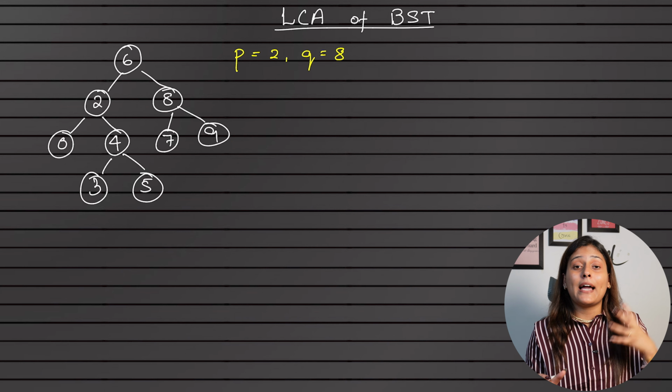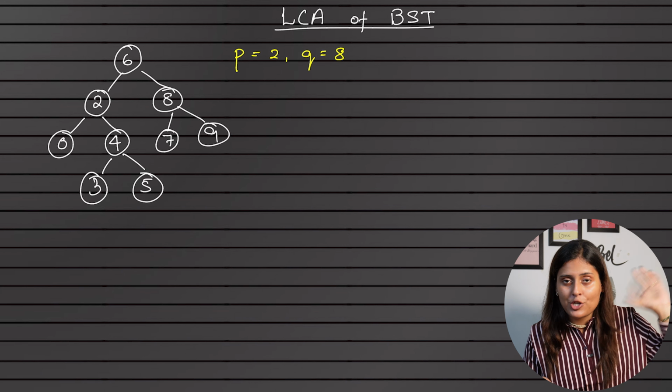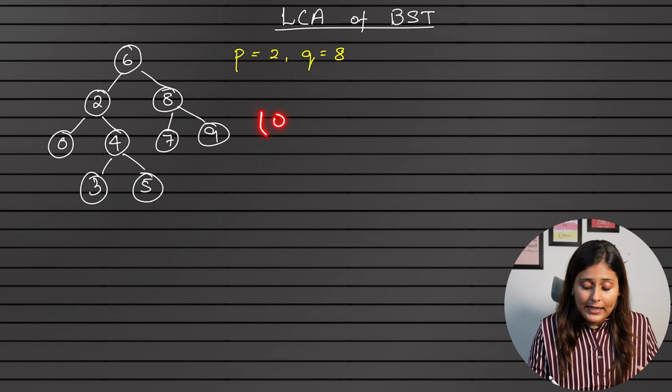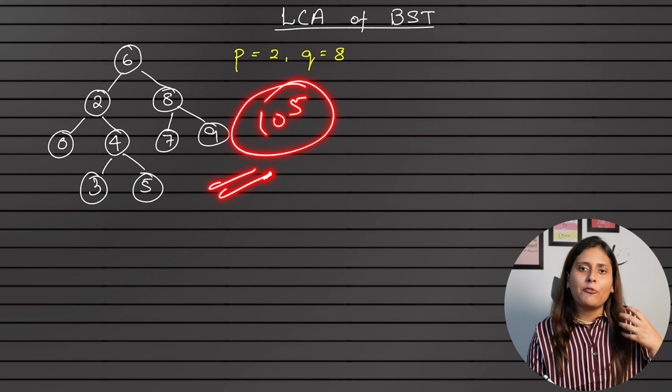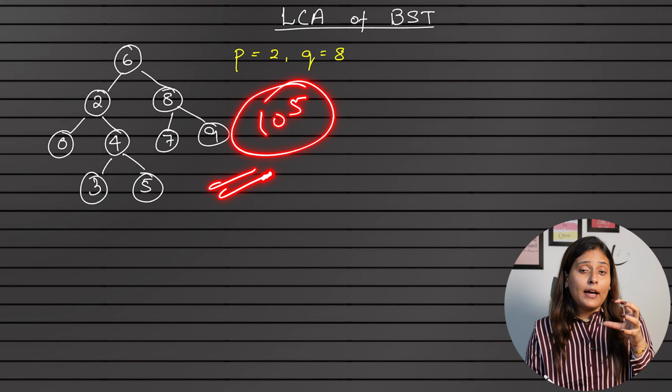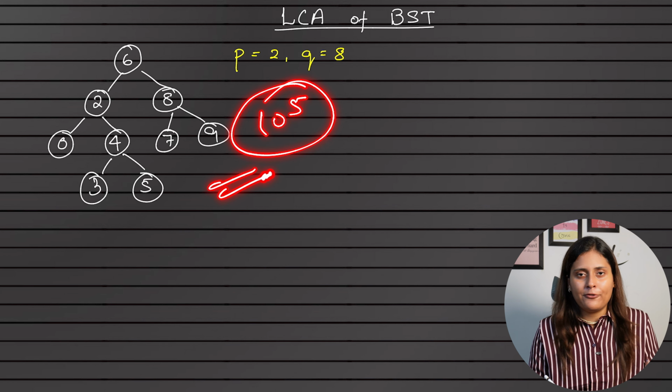We have learned about time and space complexity earlier, I'll attach the video link here. So with n up to 10 power 5, we have to solve this problem in linear time or less if possible.